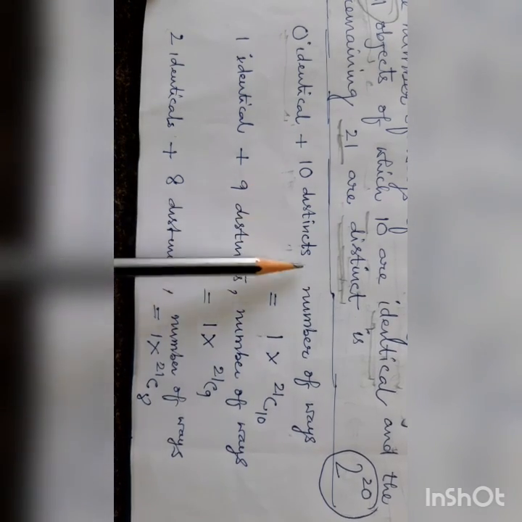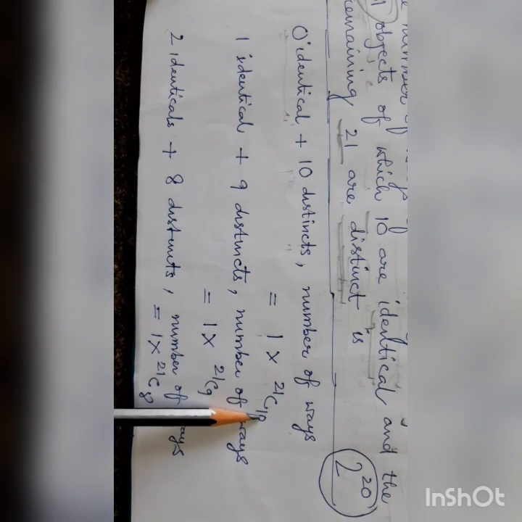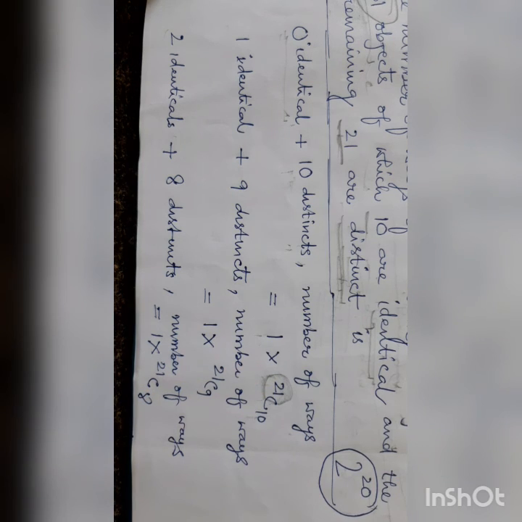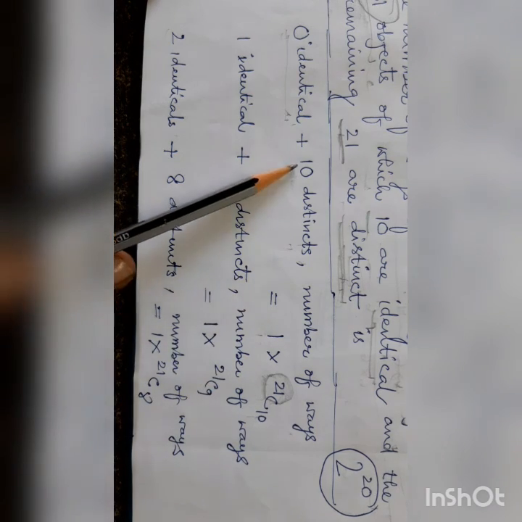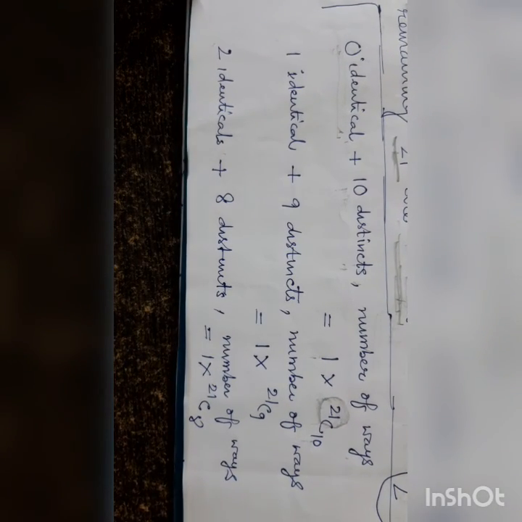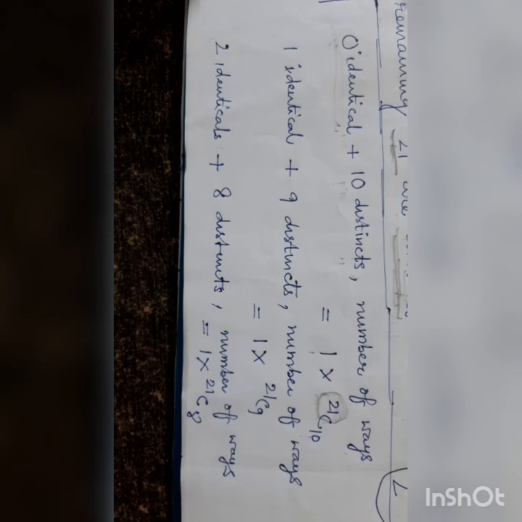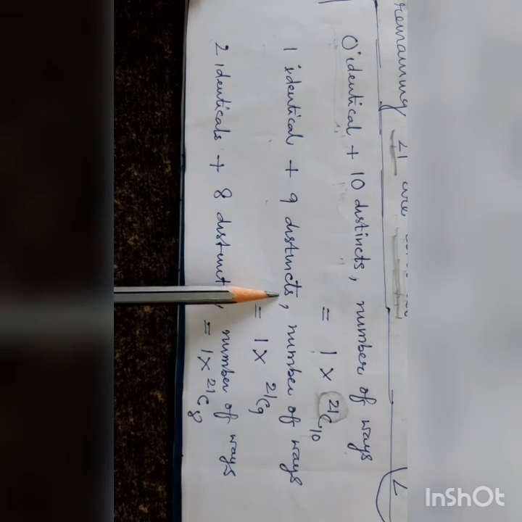10 distincts means here 21C10, because if we remove the 10 identical, 21 will be left. From 21, we select 10. In the case of all 10 distincts and no identical, it is 1 into 21C10. Next, another case: one identical plus 9 distincts.